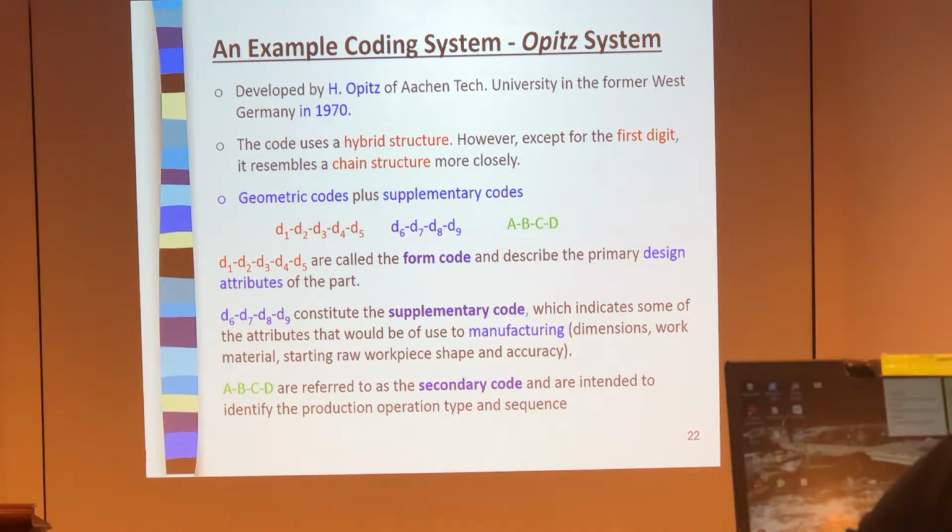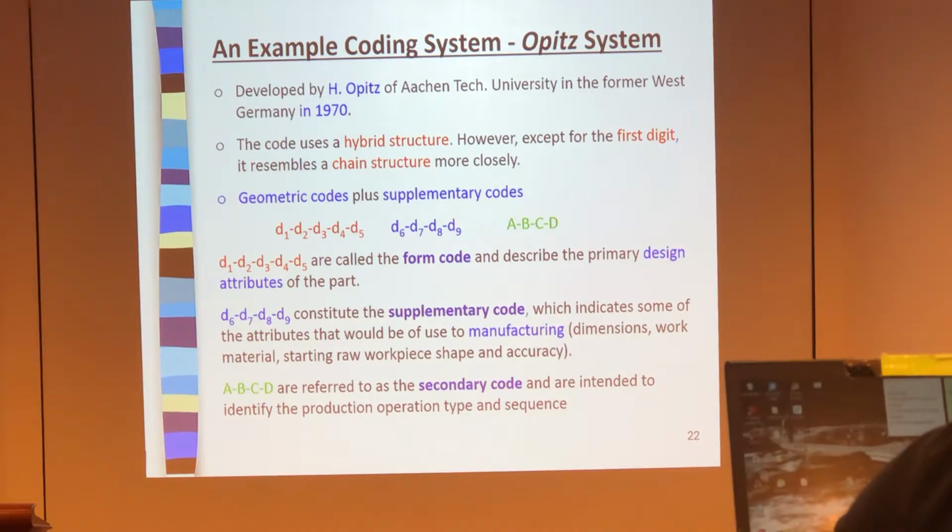One of the systems is called the OPIS system. This system was quite famous at the time when GT was a pretty hot research topic as well. It was developed in 1970 at the University of Aachen, Technological University, in former West Germany at that time.